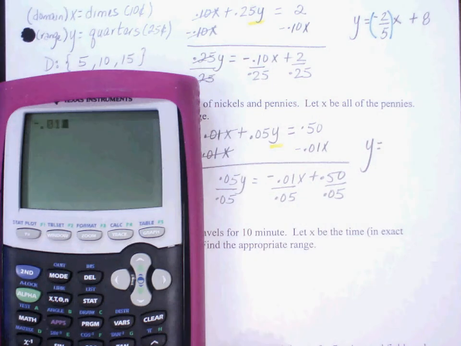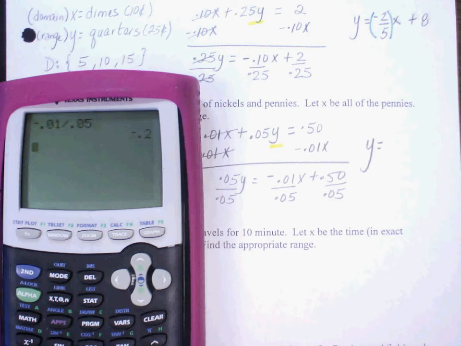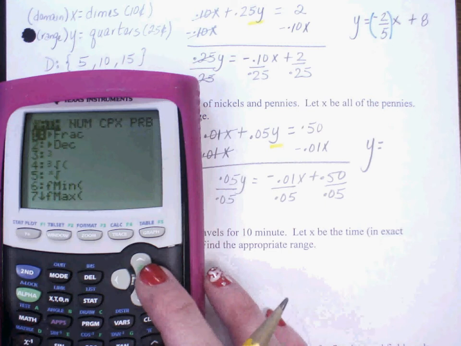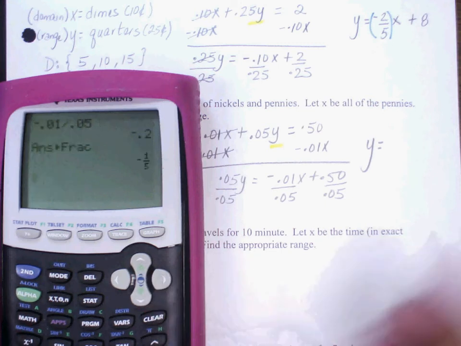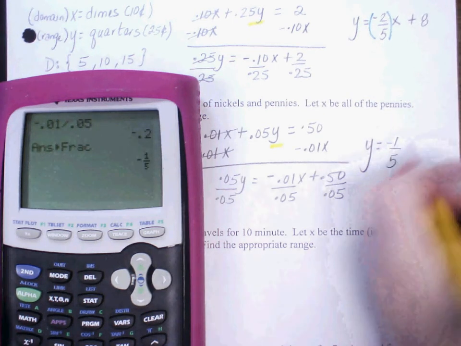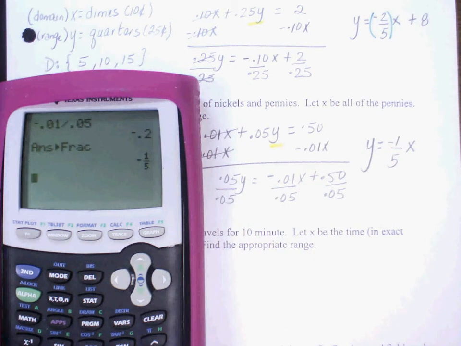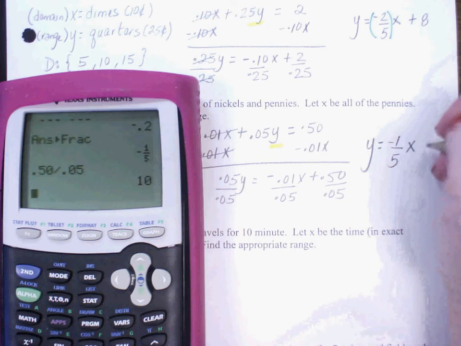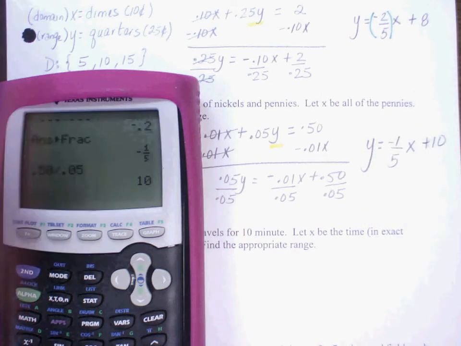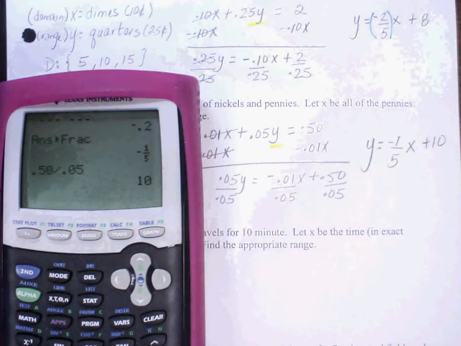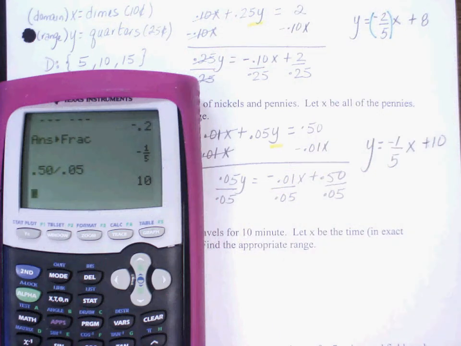So negative 0.01 divided by 0.05. And I'm going to change that to a fraction, right? Negative 1/5 x. And then 0.50 divided by 0.05, that will be 10. Just 10, right?